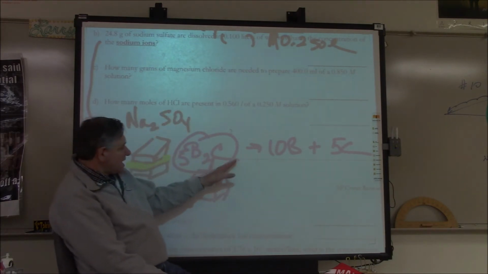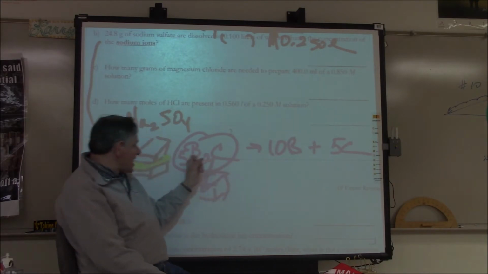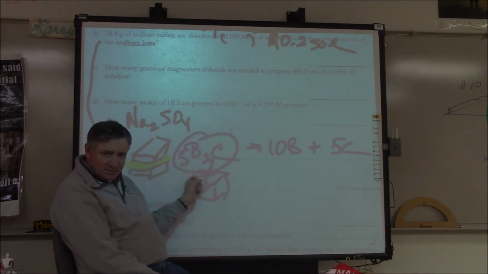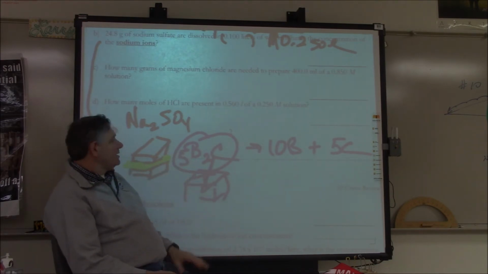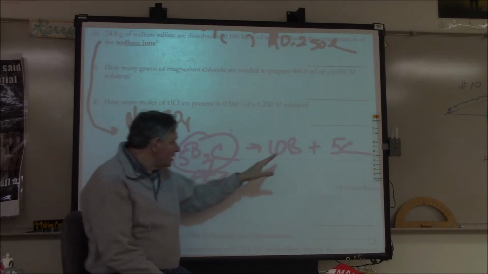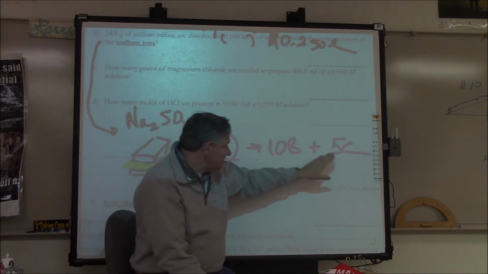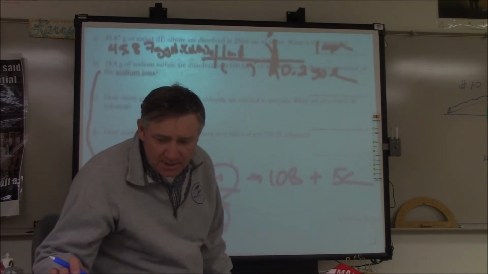So the concentration of the bread is twice that of the initial sandwiches, because it ionizes in a 2-to-1 ratio. Once I separate these sandwiches, I have 10 slices of bread and 5 slices of cheese. The same thing is going to happen here.